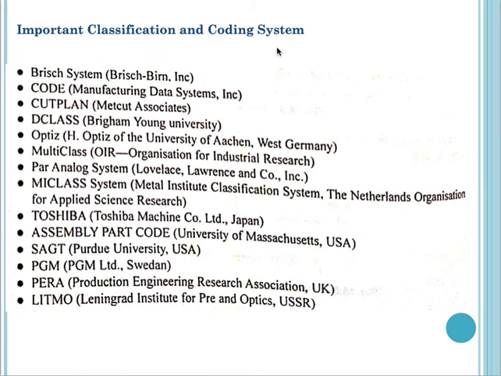There are several classification and coding systems, and some important ones are listed here: the Brisch system, Opitz, CODE, DCLASS, Multiclass, Paralog system, MICLASS, Toshiba, assembly part code, SAGT, PGM, and LITMO.